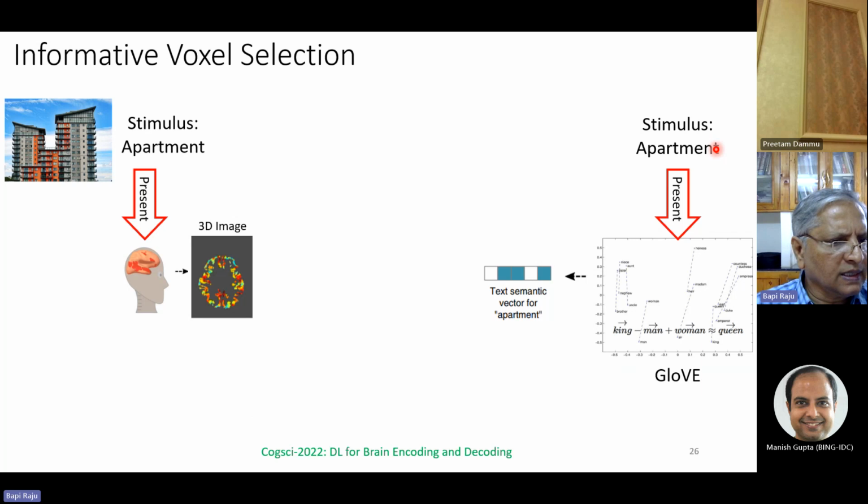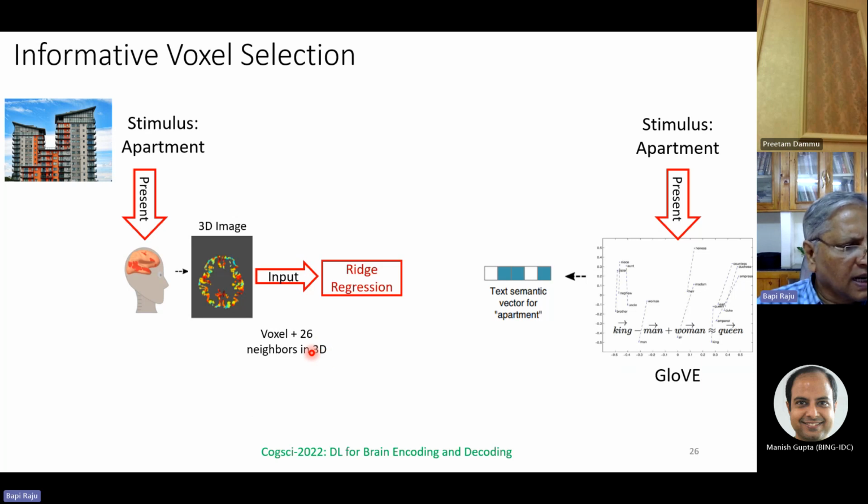Now, what you are learning is to predict this vector from the brain activation. In the typical decoding task, this brain image is taken as the input. A voxel and all its neighbors in the 3D neighborhood are taken as input, and a ridge regression tries to predict this semantic vector for apartment.